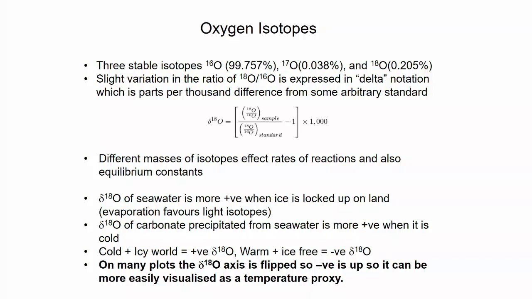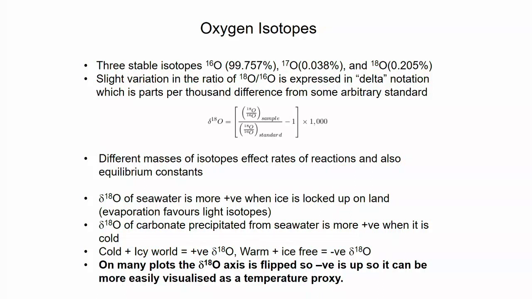It is, but just ignore it. So these different atoms behave chemically the same because they have the same number of electrons on the outside, except they don't really behave chemically the same. There's a slight difference in the chemistry of reactions that involve light isotopes and heavy isotopes, which leads to the products or the reactants being either enriched or depleted in heavier or lighter isotopes.